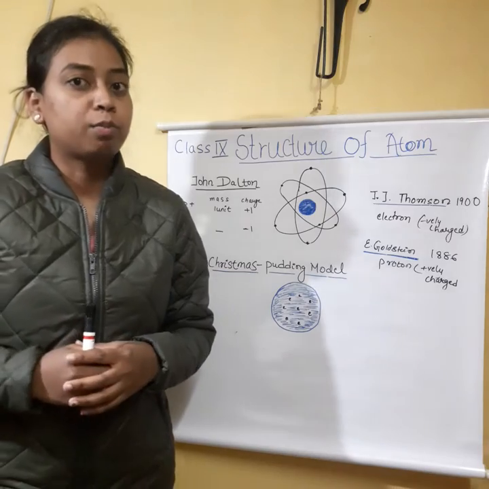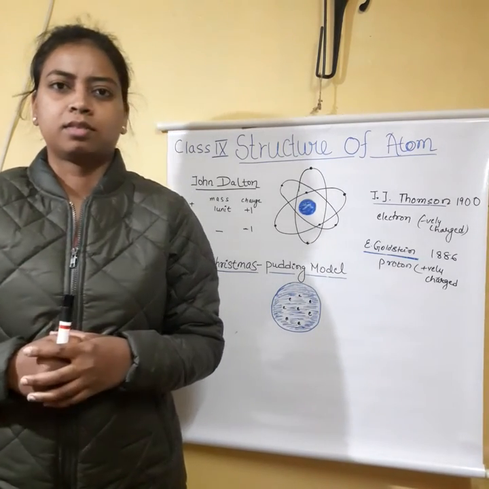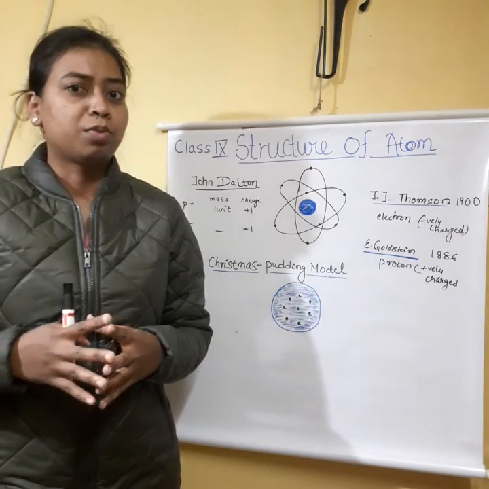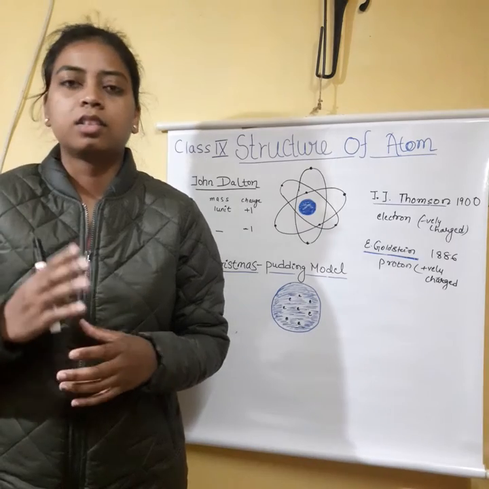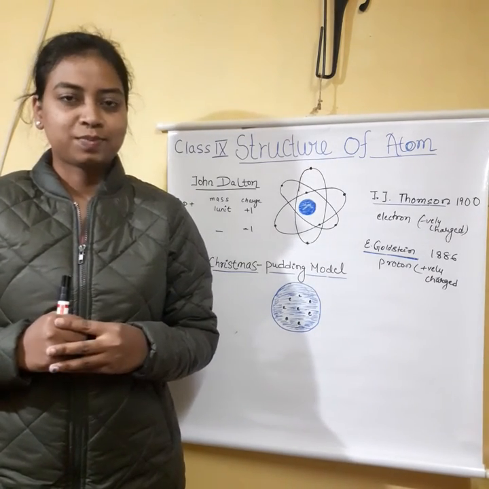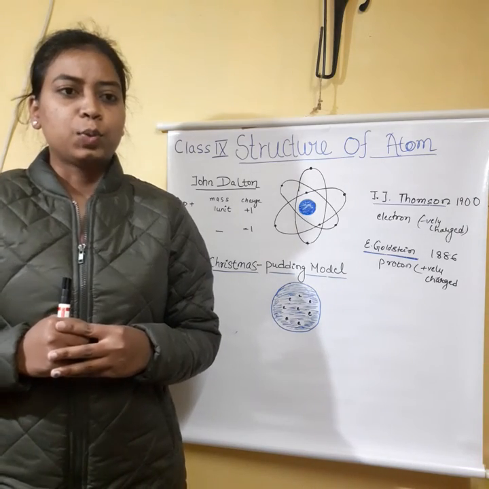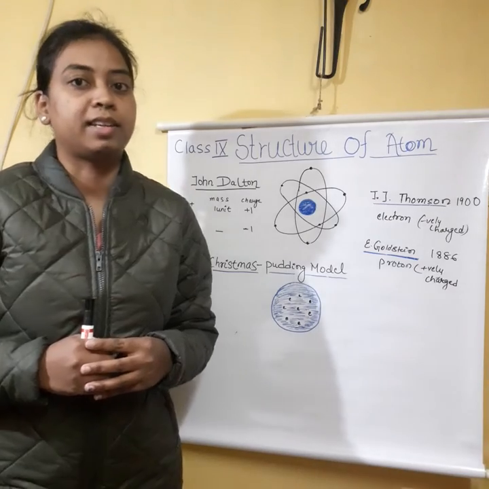The comb is made up of matter and matter is made up of atoms. Means this charge is coming from atoms. So we can conclude that atom consists of charged particles, right? So in this way it was found that atom can be further divided.